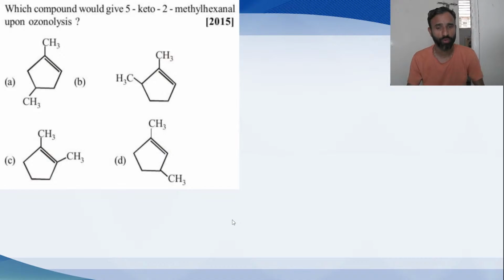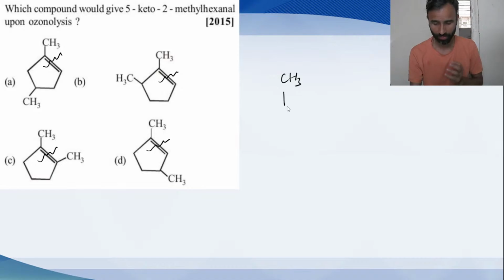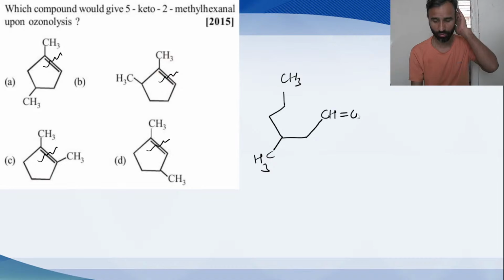Ozonolysis will break the carbon-carbon double bond. See, if A is the right option, what would we get? CH3, then 1, 2, again CH3, and this CH=O. This is the product of ozonolysis of A.